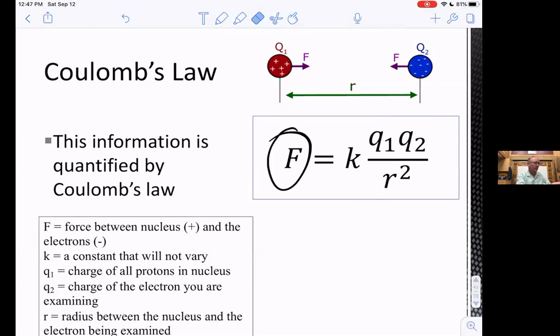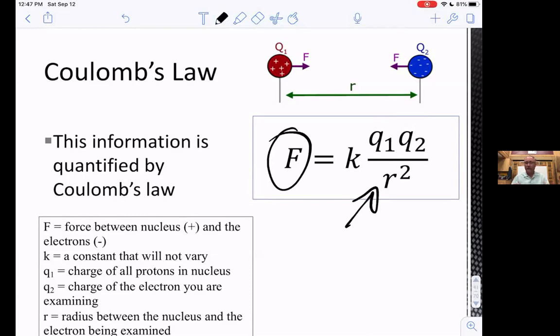Down here on the bottom is the distance between them. We say the radial distance because when you talk about a nucleus and an electron, it goes from the nucleus to the electron. That would be a radial distance. But in truth, it's just the distance between those two charged species.